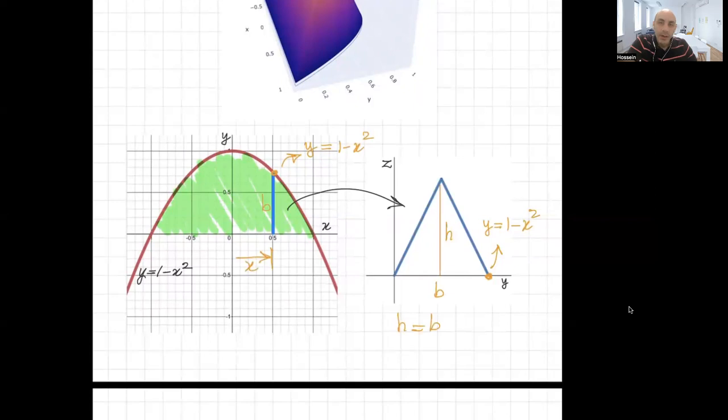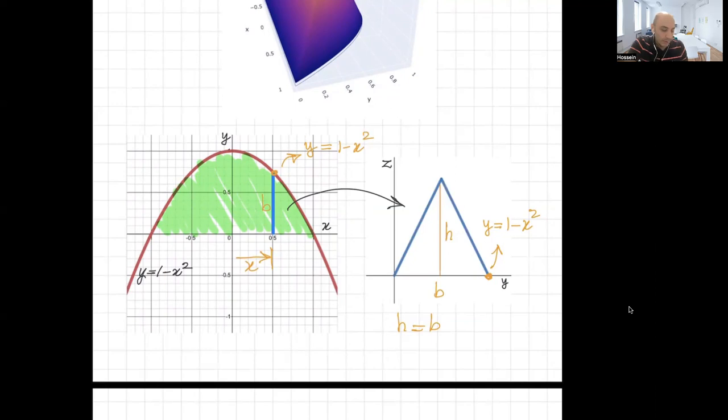If I calculate the cross section and then do the integration all the way from this end to that end, it's going to give me the volume of this solid.